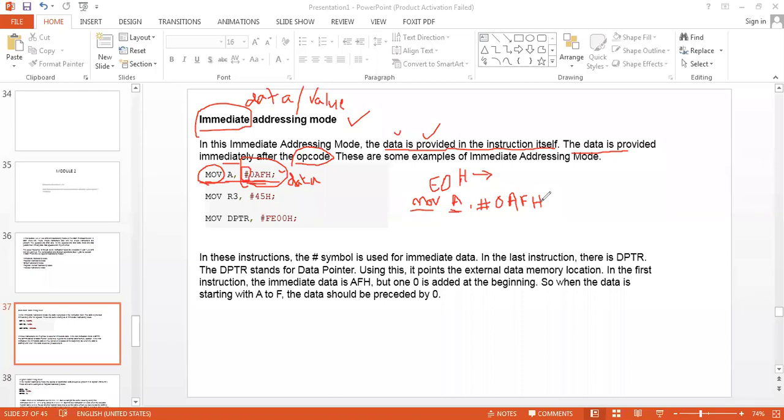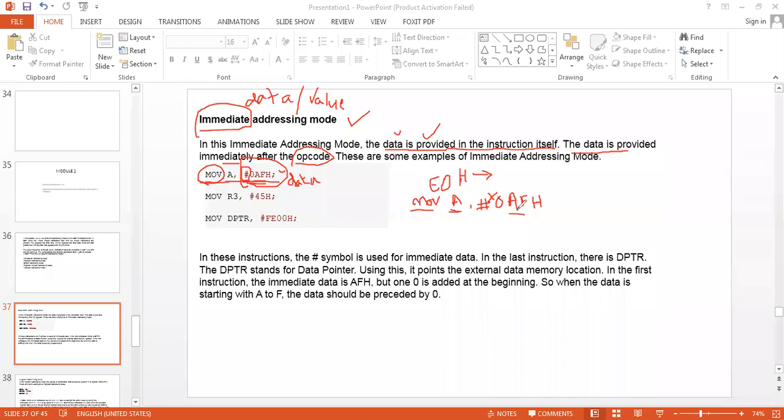Now see that whenever a hexadecimal number starting with a letter is written, the digits up to 9 can be written directly without 0. Here the 0 is not considered. Only AF is considered, because AF is 8-bit data. If I add 0, it would be 12-bit data.